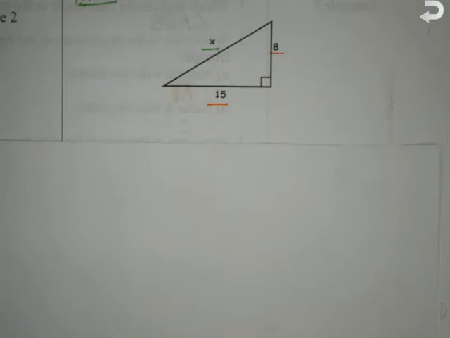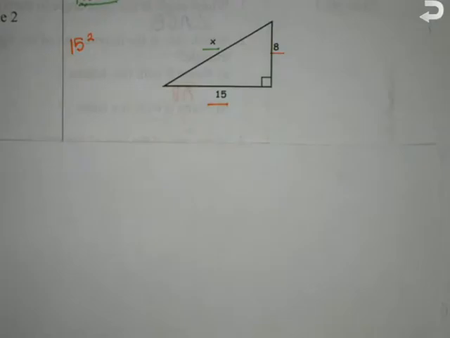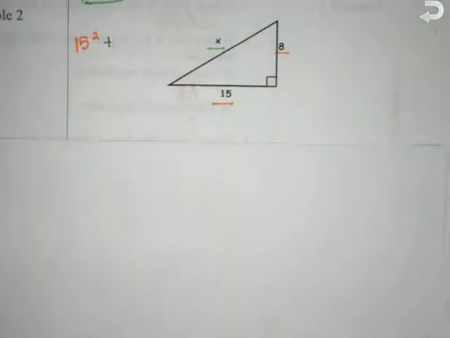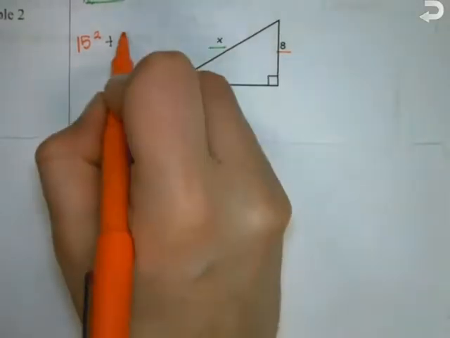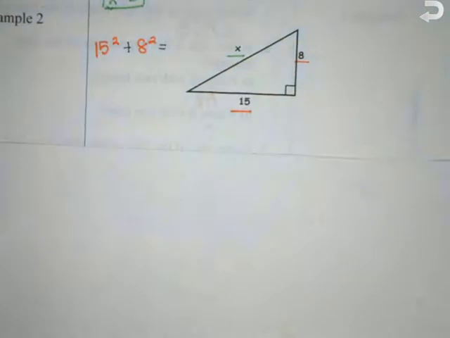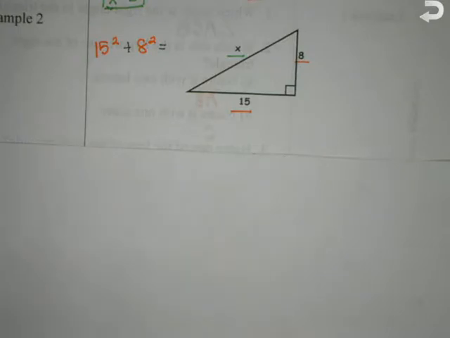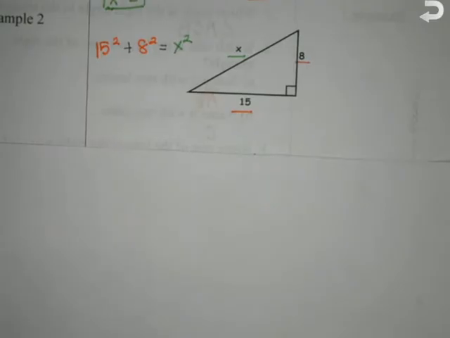So that would give me 15 squared plus, what's the other leg? 8 squared is equal to what? X squared, right? Okay. What is 15 squared? Not 30. It's not 15 times 2.